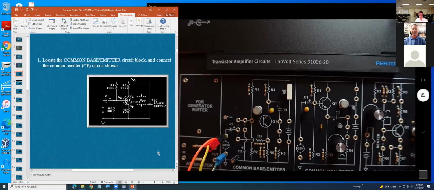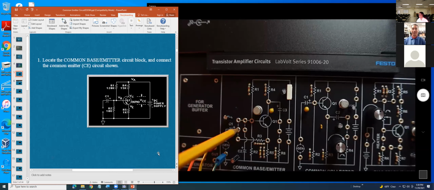In order to get the job done, you have to build it correctly. So this is the generator. If it connects to that one, that means CE.